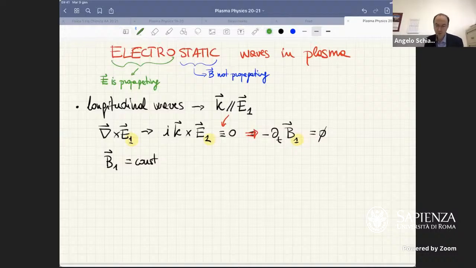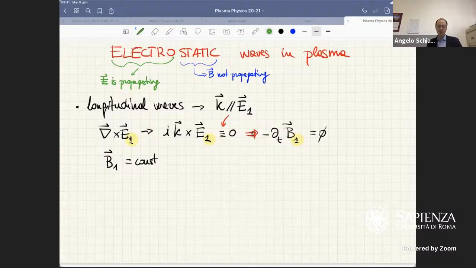And this is most of the time a very good approximation, because the electrons have a much higher mobility than the ions, so they respond to the phenomena on a much shorter time scale than the ions.